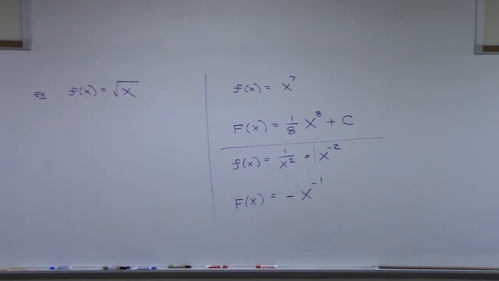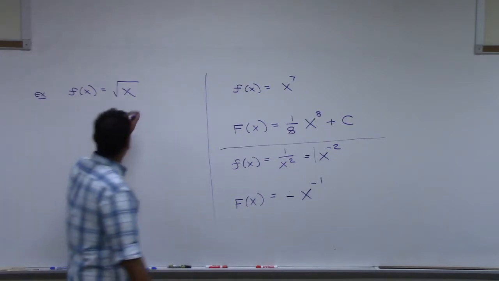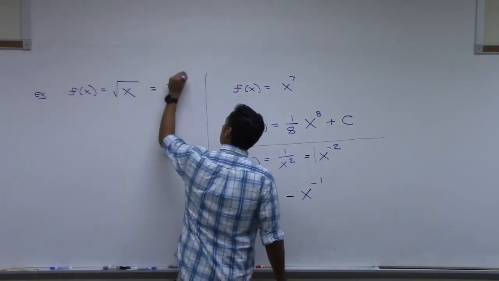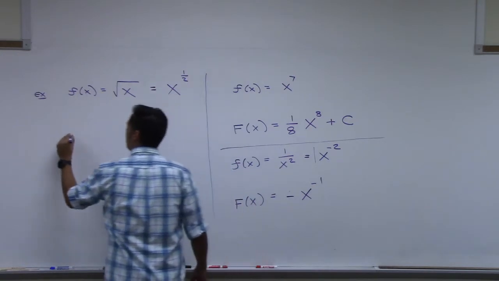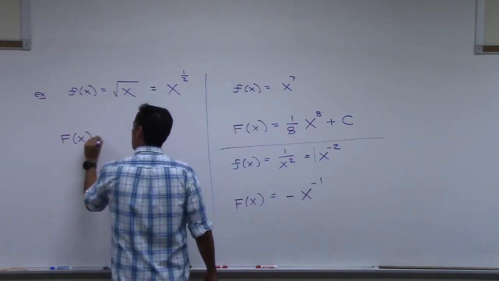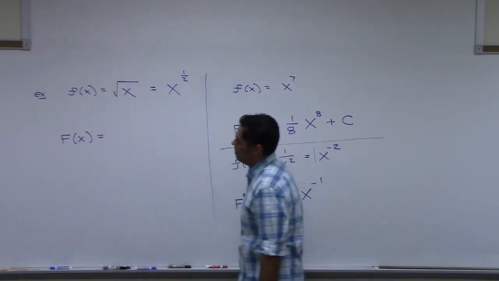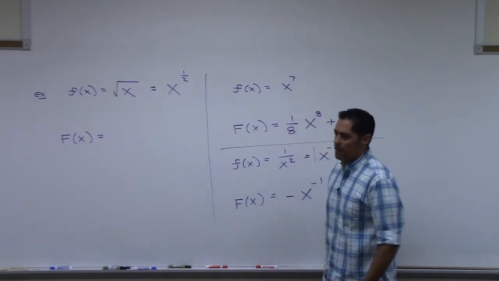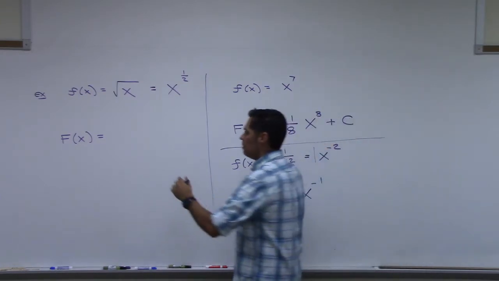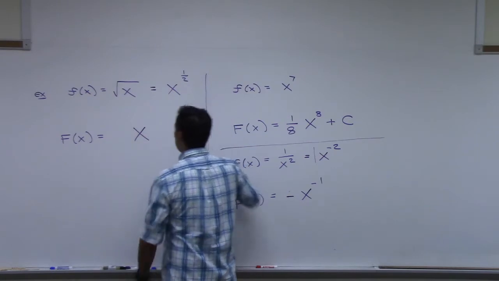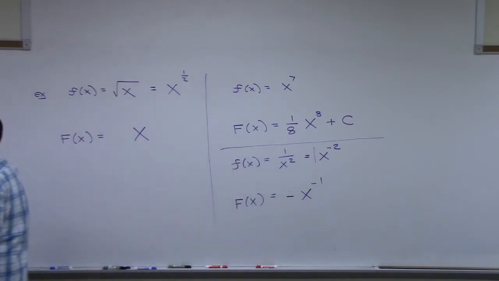So I think our first thing we should do is make this a power, right? X to 1/2. All right. Capital F of x is equal to, now I know the power's got to come up 1, right? So you have to add 1 to that power. What's 1/2 plus 1?